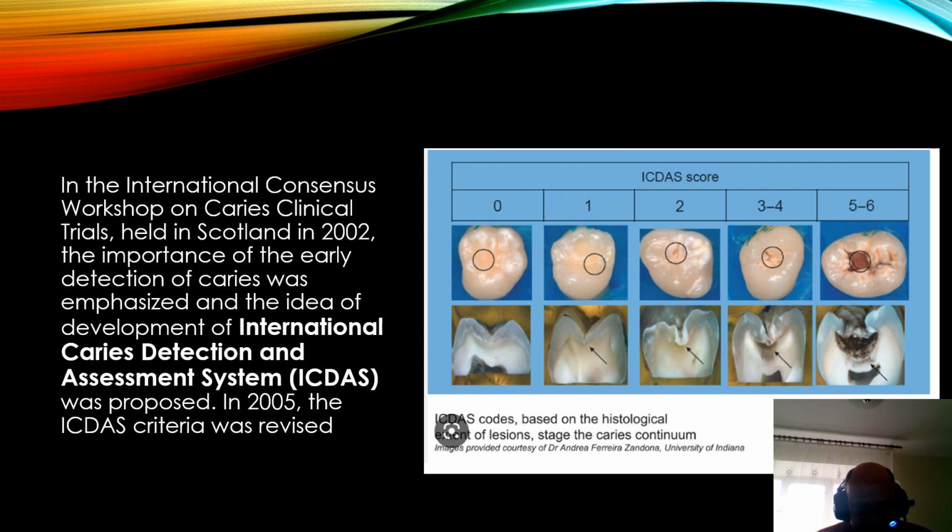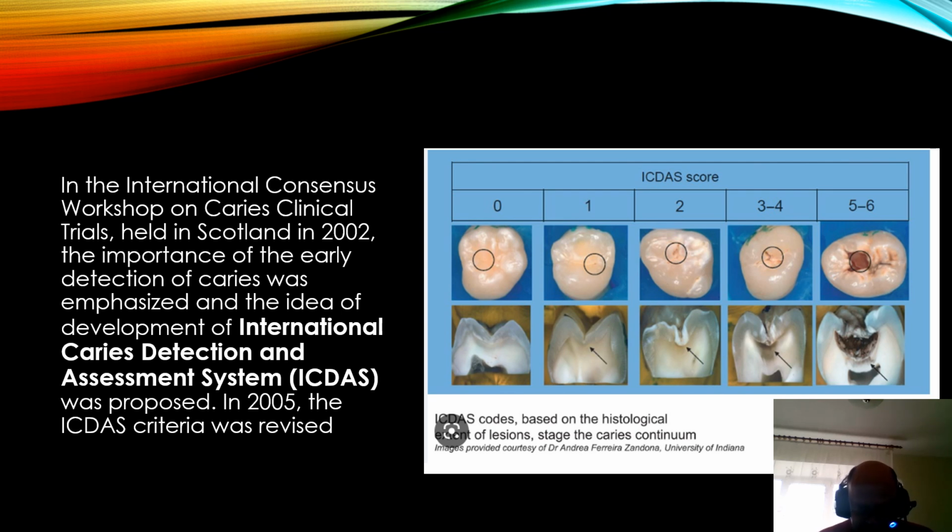In the International Consensus Workshop on Caries Clinical Trials, held in Scotland in 2002, the importance of the early detection of caries was emphasized, and the idea of development of an international caries detection and assessment system, abbreviated ICDAS, was proposed.